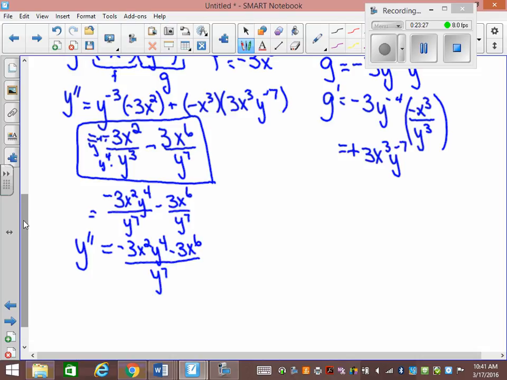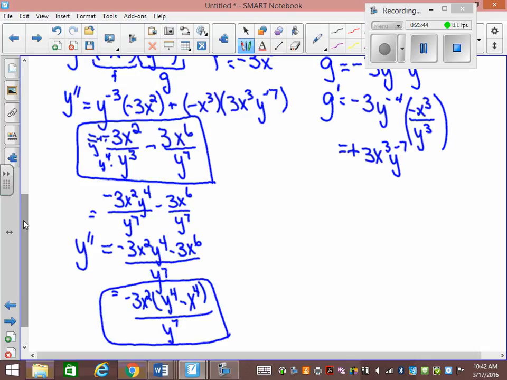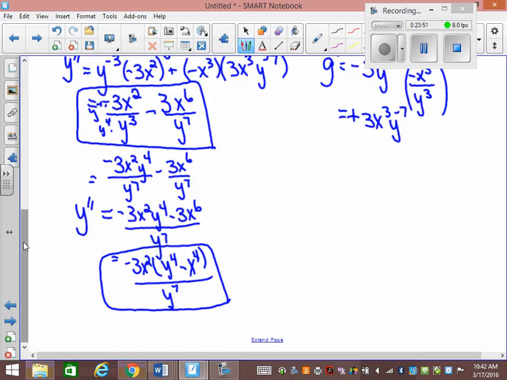If you wanted to go further, you could take out a negative 3x squared and you'd be left with y to the 4 minus x to the 4. So it's totally dependent on your answer, or if they want it reduced fully to common denominator.